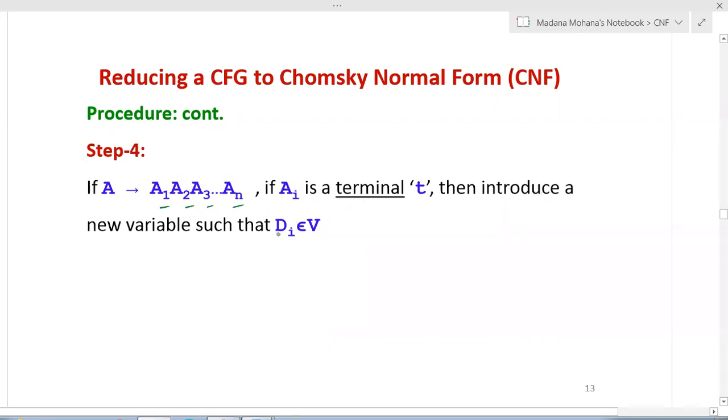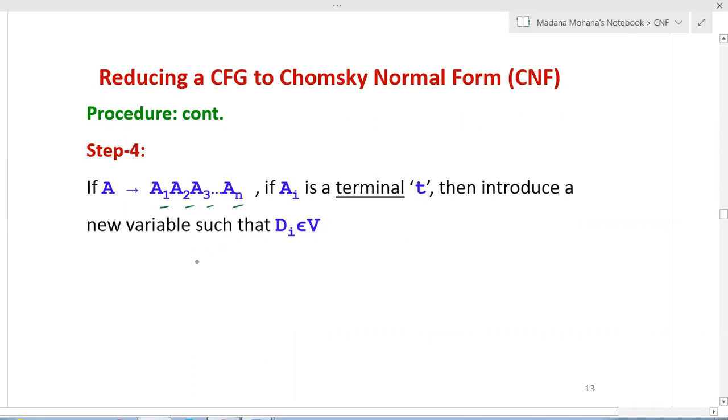Introduce a new variable such that Ti belongs to V. So for the terminal t, introduce a new variable D suffix i, which belongs to variables. If it is a single terminal, no problem. But if there is a terminal in between variables, then we have to introduce a new variable for the terminal.